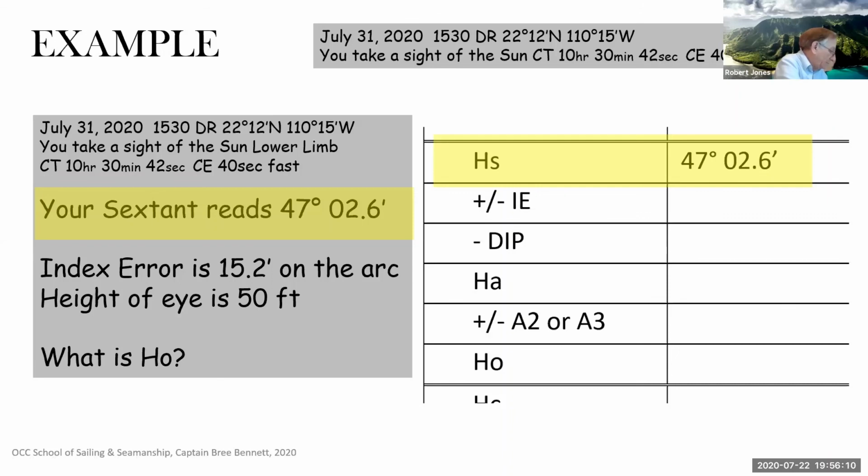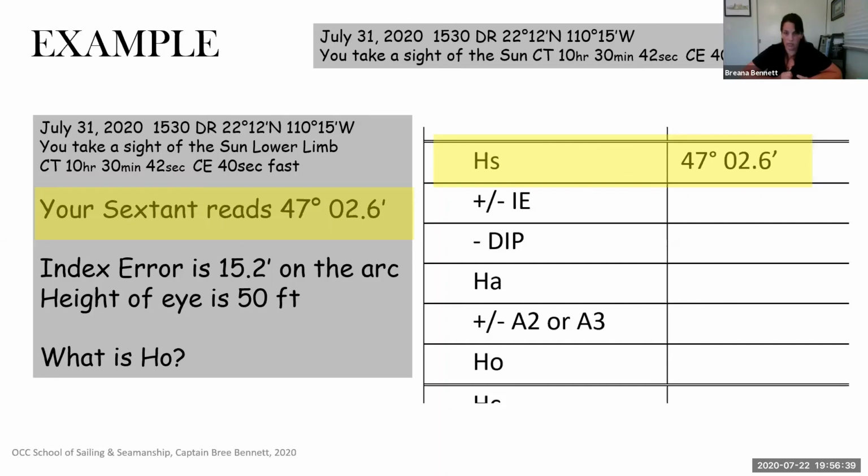I might go back and forth between the camera and the screen. So on July 31st, 2020, we have a DR position and we take a site of the sun, with a chronometer time and a chronometer error.